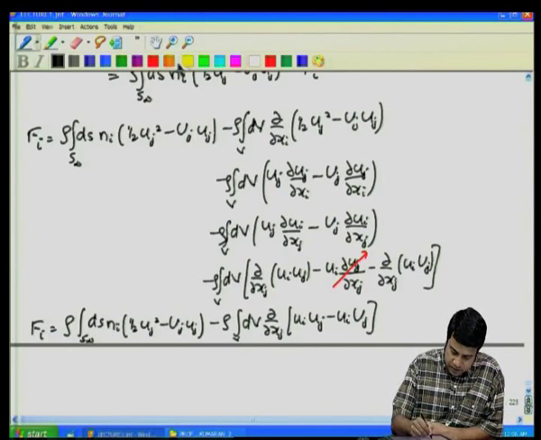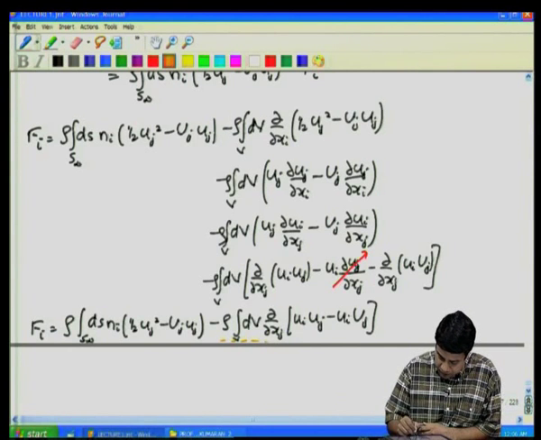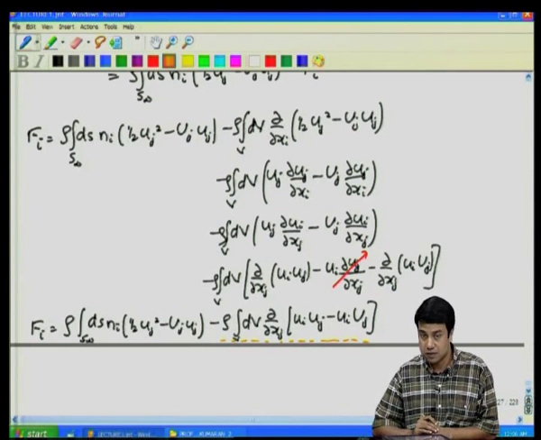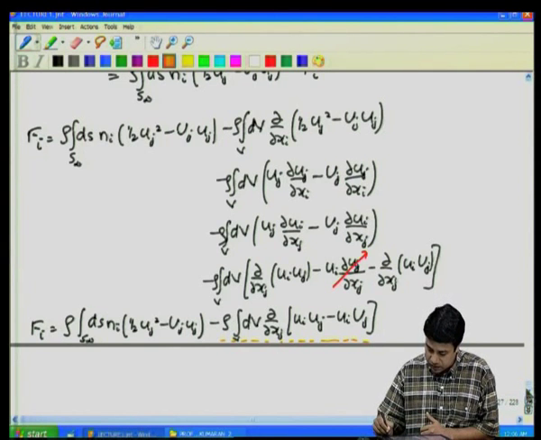Note that this term is also the integral over a volume of the divergence of something. That can be reduced to a surface integral as usual.